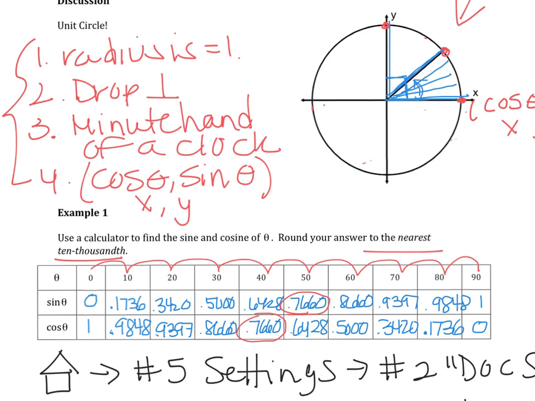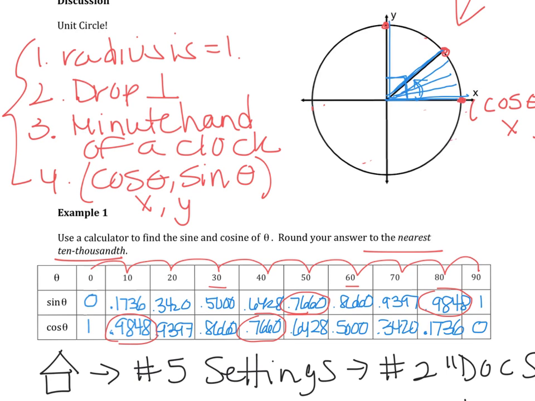Okay, and we see that with the 30 and the 60. The sine of 60 is equal to the cosine of 30, and vice versa. We have the sine of 80 is equal to the cosine of 10.